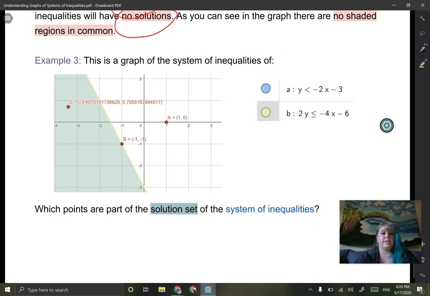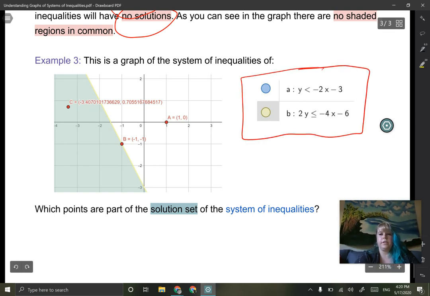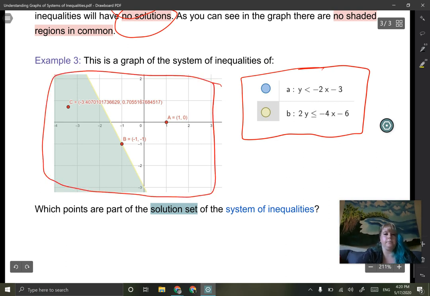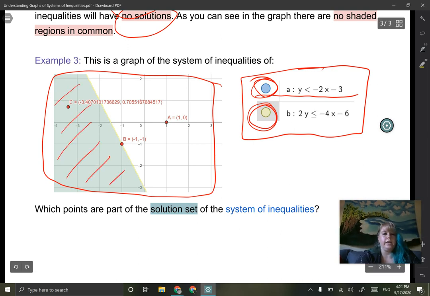Okay, so let's look at this last example. So here we have a system of inequalities, and this is the graph of the system. Okay, so you can see this inequality is indicated as blue, and this one is yellow, but we can only see green here. Okay, and as we saw above, when blue and yellow get together, they make green.